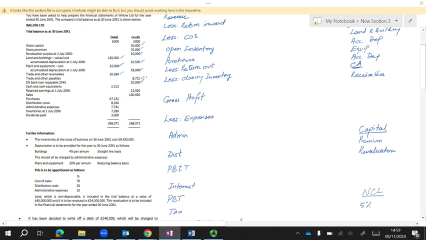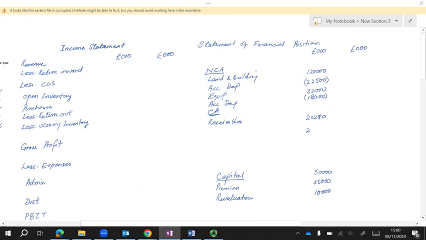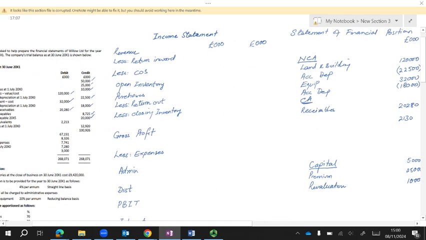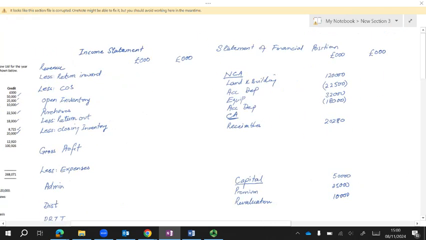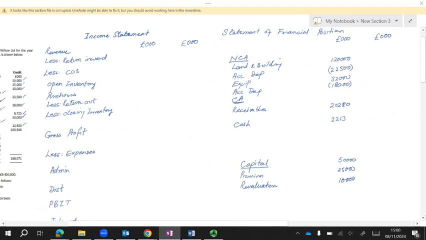There it is, loan figure. Then cash and cash equivalent is 2,113. Next is retained earnings from the previous years, 12,920.